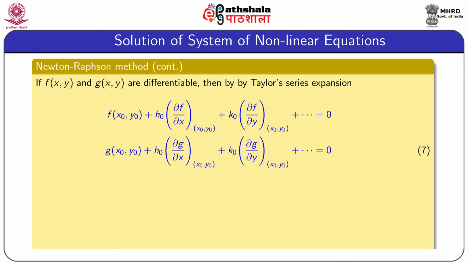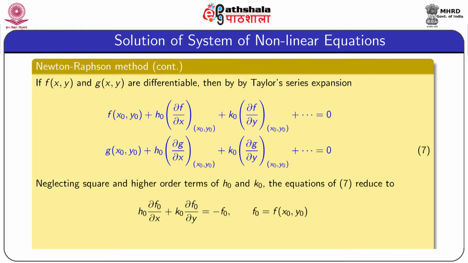Here also the values of h0 and k0 are small. So neglecting square and higher order terms of h0 and k0, the above equations reduce to h0 ∂f0/∂x + k0 ∂f0/∂y = -f0, where f0 is equal to f at the point (x0,y0).